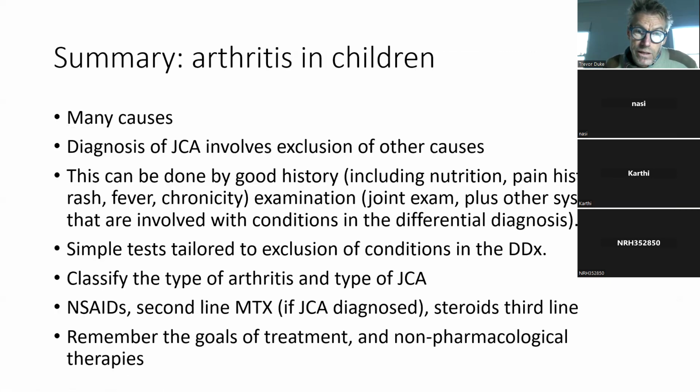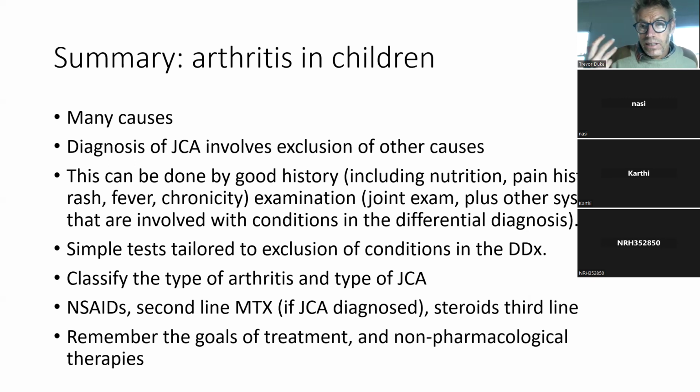All right, so we've covered a lot of ground today. Many of these things involve conditions that you won't easily find in a rheumatology textbook, but I've tried to talk about the important treatable causes of arthritis in children, especially chronic arthritis. There are many causes, but JCA involves an exclusion of other causes.